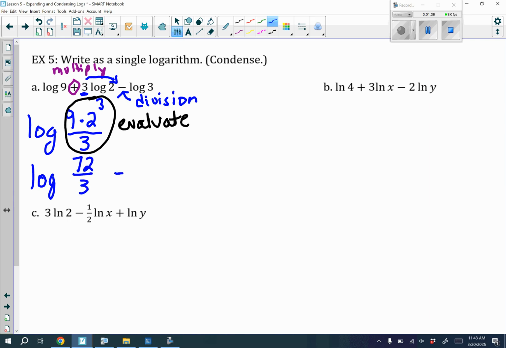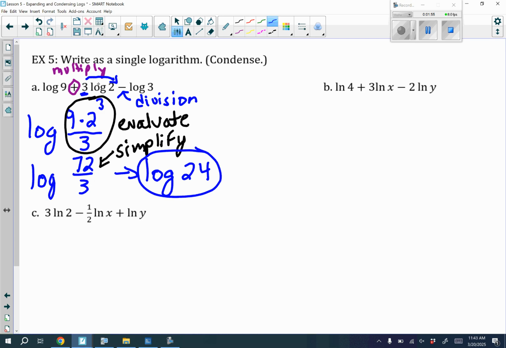Still continue to simplify. And so we just plug into our calculator, 72 divided by 3. That should give us, I think, 24. So our answer here is log of 24. So notice instead of having 3 logs, I just wrote it just 1 log and then our final answer with it. Okay, let's try B.